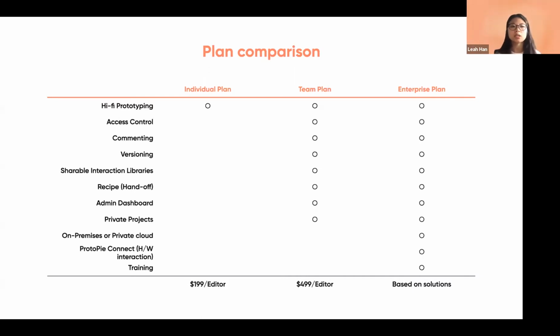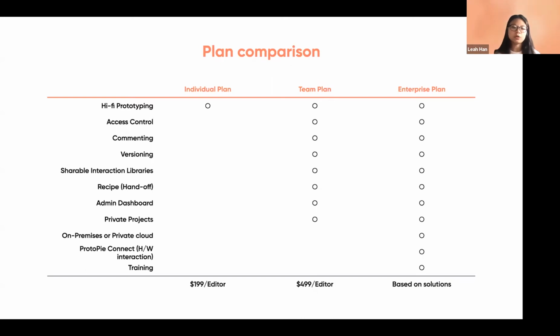In that case, you can make high fidelity interactions, but you cannot collaborate with others. Others cannot comment on your prototype, and there are no shareable libraries or recipe handoff features for individual.